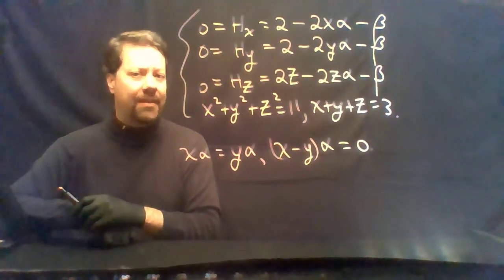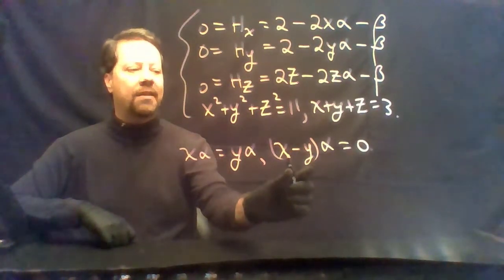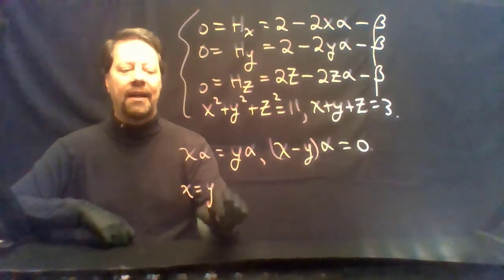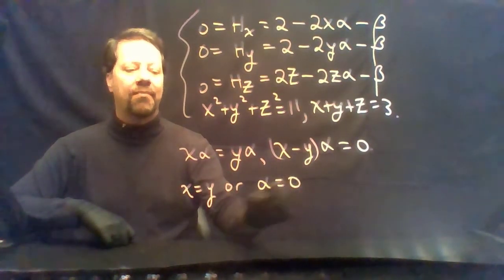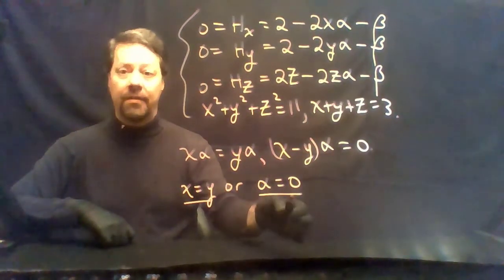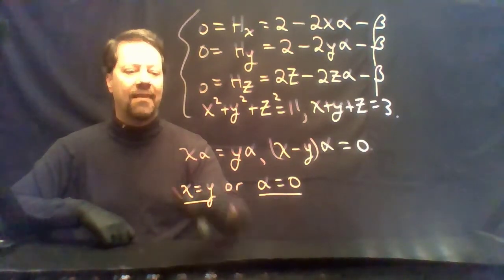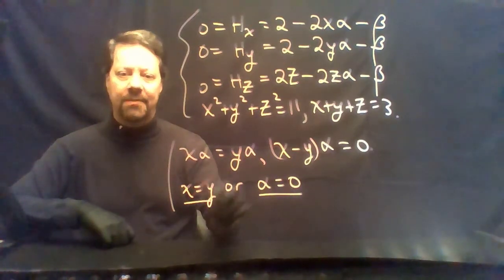Then we get the zero product theorem coming into play. We have the product of 2 things equal to 0. Either x equals y or alpha equals 0. You can see if you just lop the alpha off, you'll lose this whole solution, alpha equals 0. We have to pursue both of these possibilities.